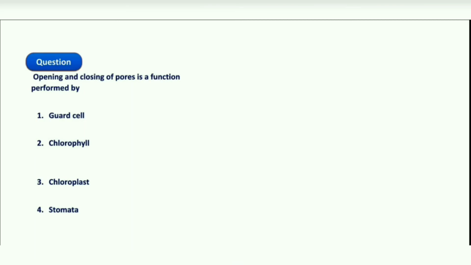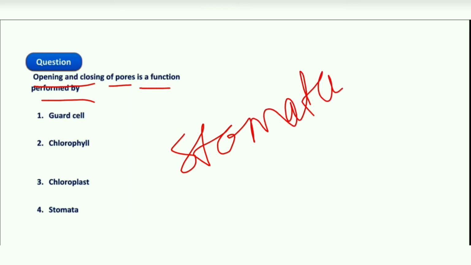Another question: the opening and closing of the pores is a function performed by which structure? The stomata are guarded by the guard cells, as I said before. The opening and closing of the stomata on the surface of the leaf is a function performed by the guard cells. So the answer is guard cells.